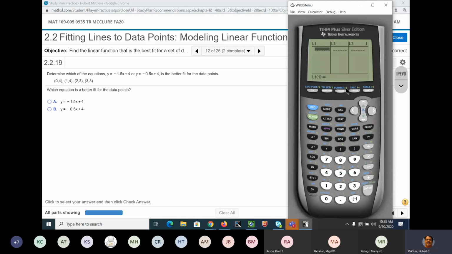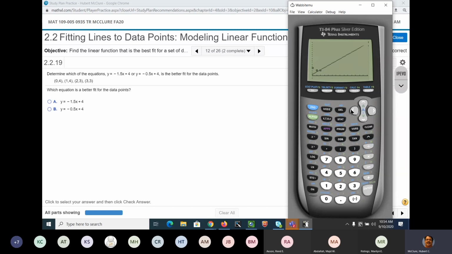Do not use delete. If you use delete, you'll delete the whole column. So go up to L1, hit clear, and hit enter. Now I'm going to type in 0, 1, 2, 3 in L1, and over here in L2 I'm going to type in 4, 4, 3, 3. And we're going to plot it. So hit second, stat plot, on, and graph.